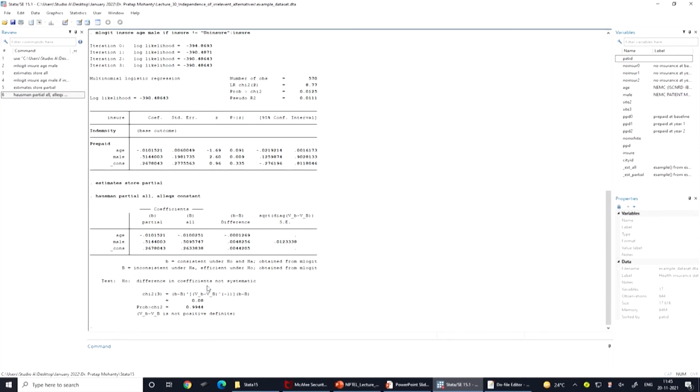If the chi-square test suggested by Hausman comes out significant, that means there are differences between the restricted model and the full model. In the restricted model we have dropped one category, and in the full model all options are taken. Since it is not significant, there is no difference between these two models even with certain restrictions.